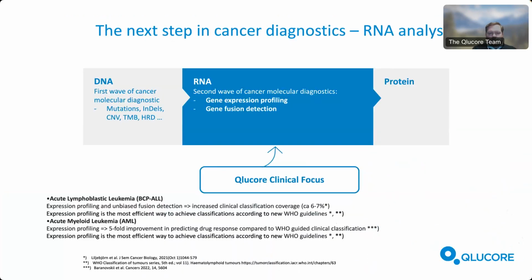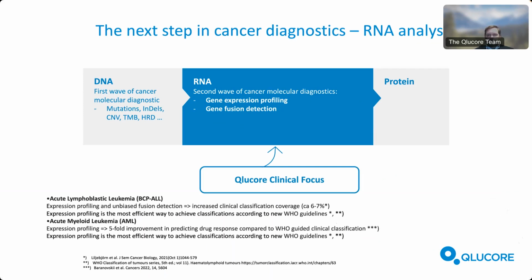And we think that RNA sequence analysis is the next step in cancer diagnostics. DNA is and will continue to be immensely important for molecular diagnostics, but there is information lacking in DNA that is available in RNA. Like expression levels and gene fusion events, for instance.